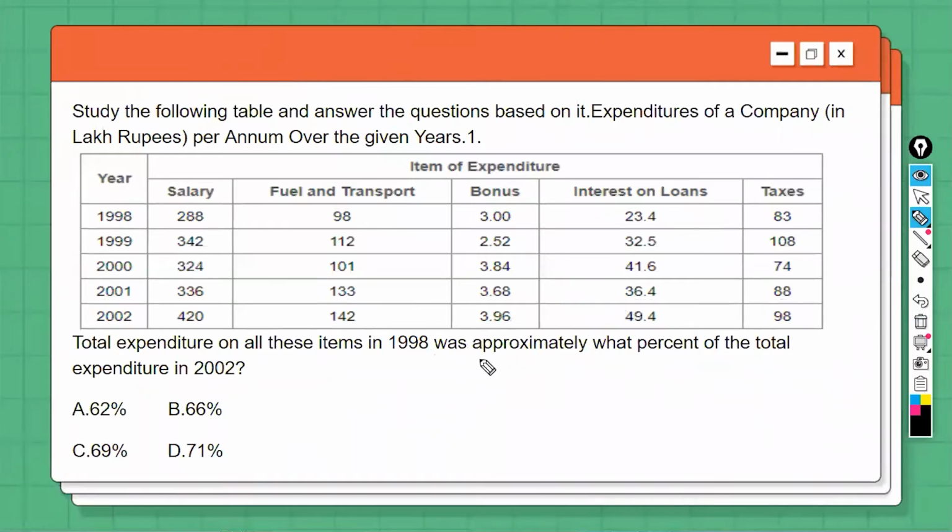Whenever there is the word approximately, you should make use of it. The question is, you need to find the total of this year and the total of this year, and see 1998's total is what percentage of 2002. So instead of taking this as 288, I'm just going to take this as 300, plus this as 100, and this as 20, this as 80.